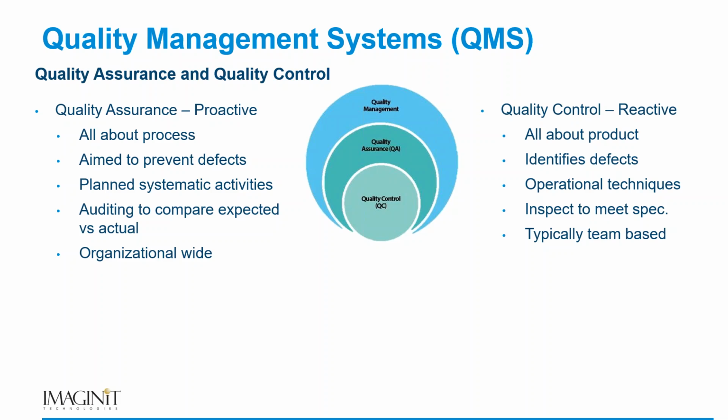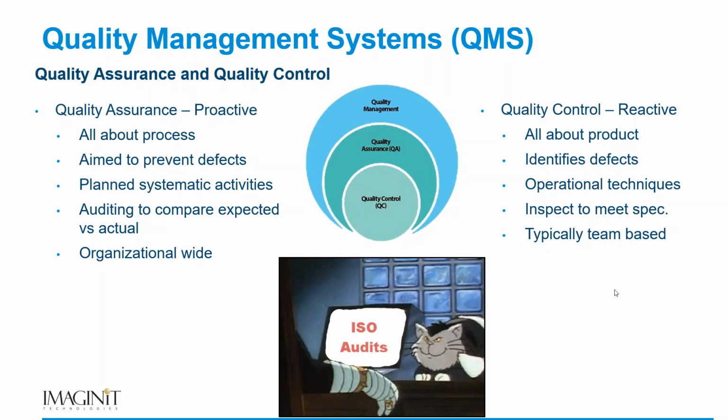So I have a quality control department, I have an engineering department, people who are responsible for the reactive quality control of things. But we do all of this to ward off the evil Dr. Claw in his ISO audits. So we need to be able to have a paper trail or digital trail of some kind that says we did this, we planned these events, we did these things, and these are the results of those things.